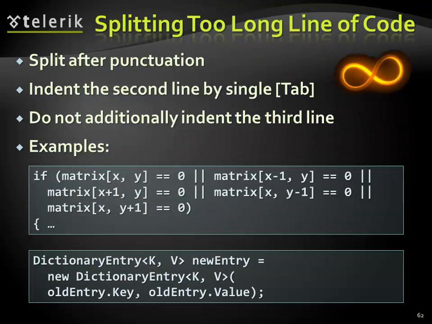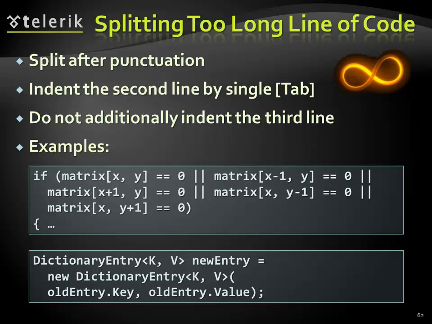When you have a too long line of code, you have to do something about it, because it becomes unreadable. So we obviously have to split it, but in a way that the compiler can still compile it, and in a way that we can also easily orient within the split code and understand what it does. So we should always split after punctuation, like in the example below, where it is split after the logical OR statement.